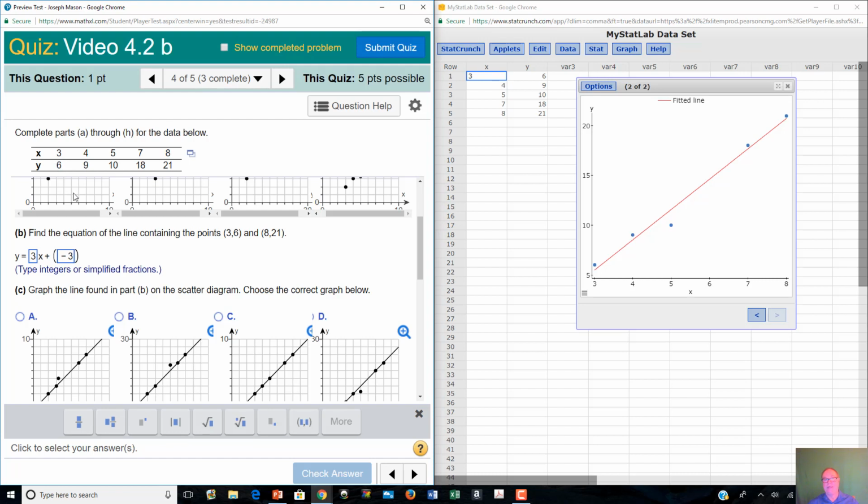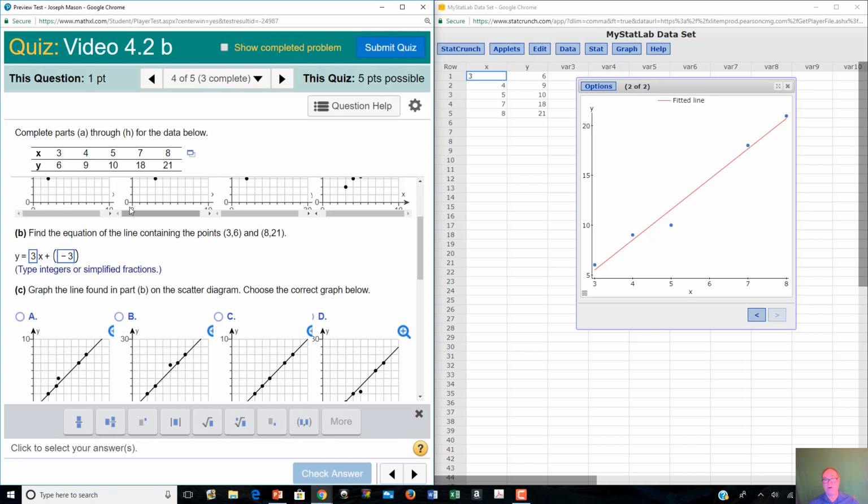If I throw in 3, 3 times 3 is 9, minus 3 is 6. So I get the same answer, 6. If I plug 4 in, I get 12 minus 3, which is 9. I take 5, that's 15, minus 3 is 12.